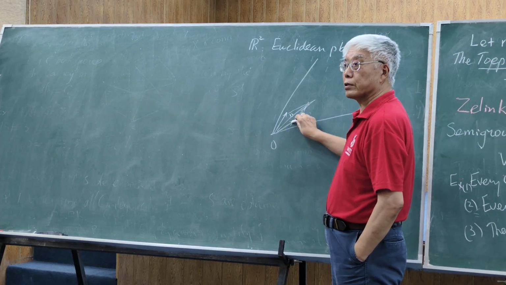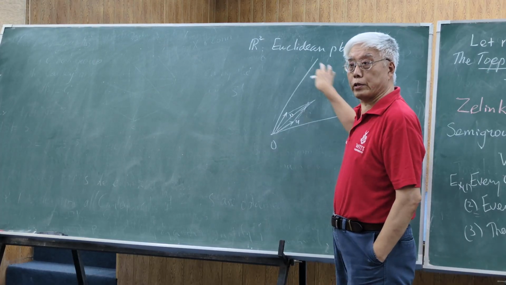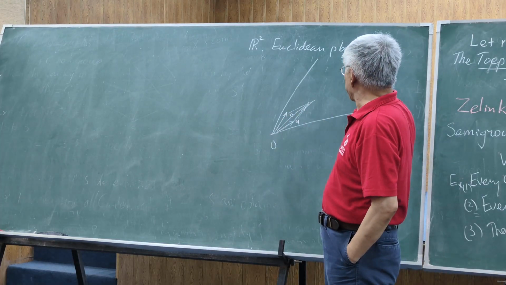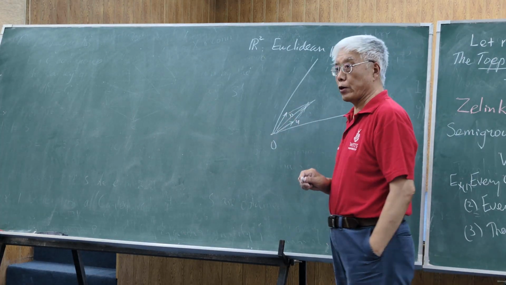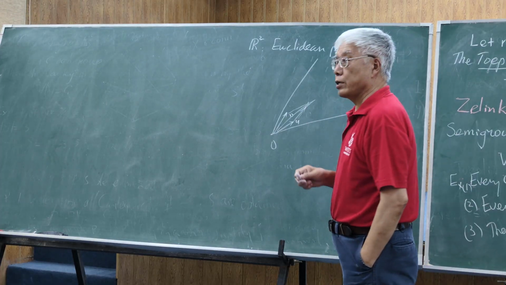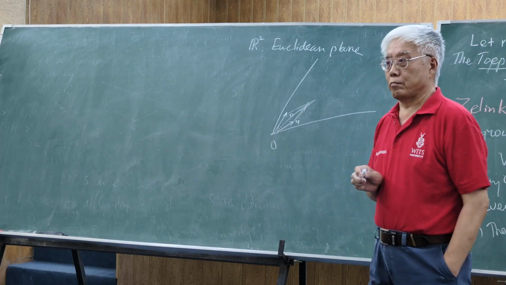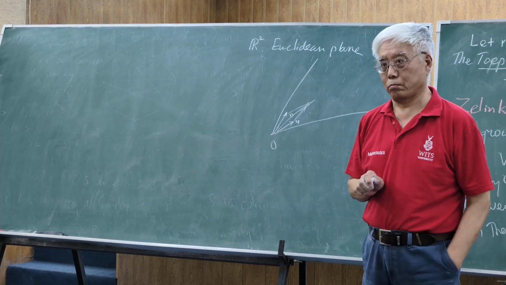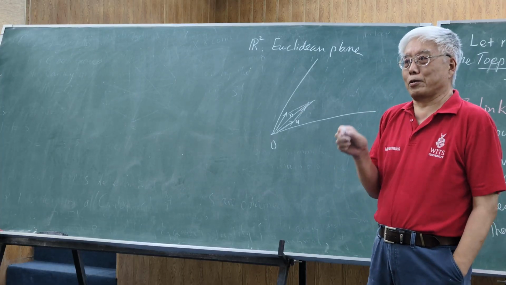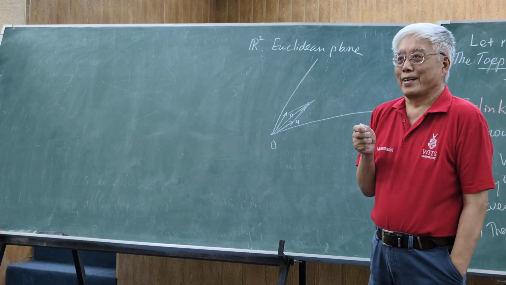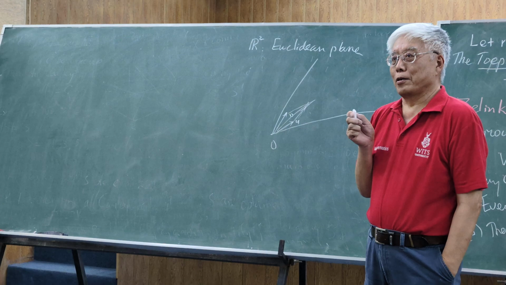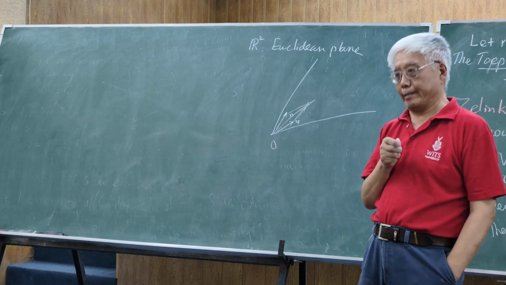If any vector is here, any scalar multiple is also in this wedge. So the set of vectors whose arrowhead is in this wedge is closed under vector addition and positive scalar multiplication.